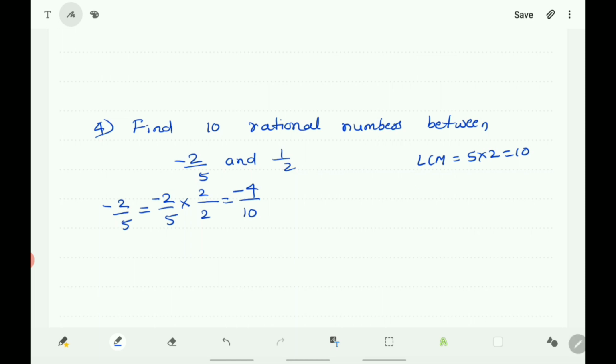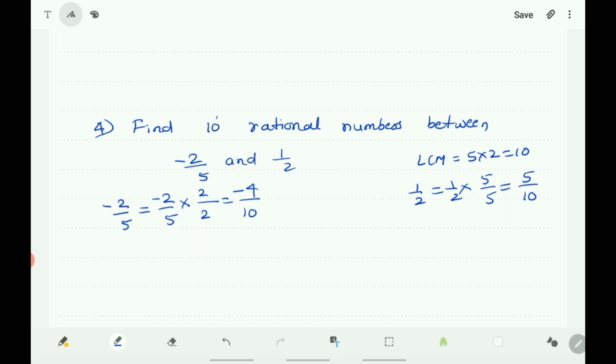Next, you take 1 by 2. To have the denominator 10, it must be multiplied by 5 by 5. Multiplying both numerator and denominator by 5, you get 5 by 10. So 1 by 2 is converted to 5 by 10, which is the equivalent fraction of 1 by 2.